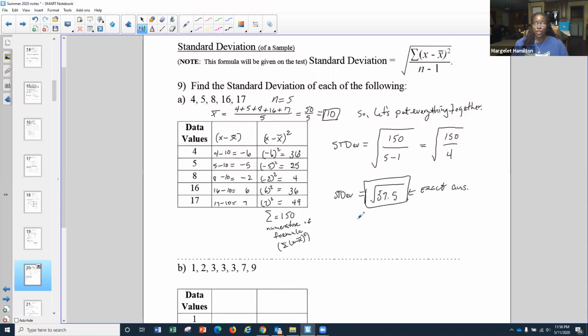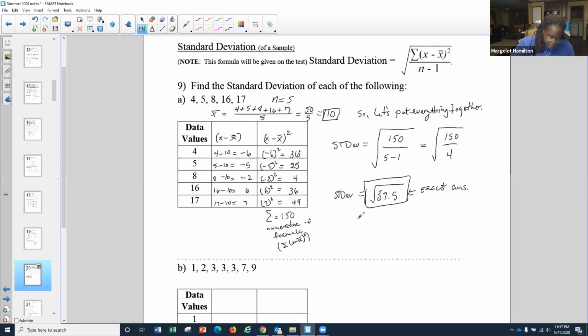All right, so you would put your radical in. So find your square root button. Again, it's usually in a second function, or your math button is under math. I think it's option 3 or 4, something like that. You'll see it. In your graphing calculator or your scientific calculator, it's usually in the second function.